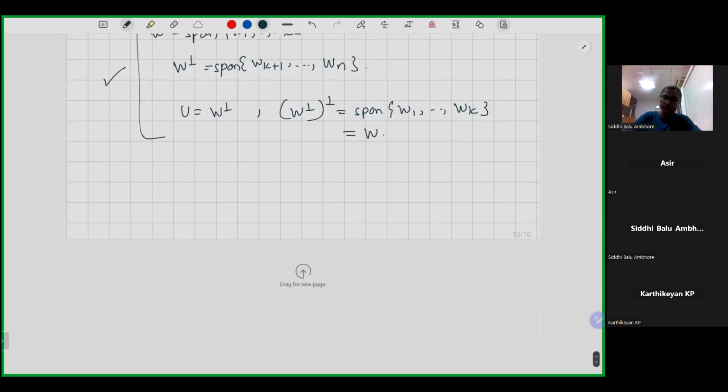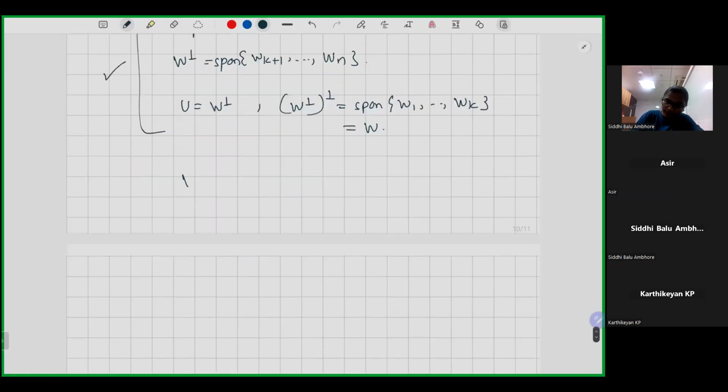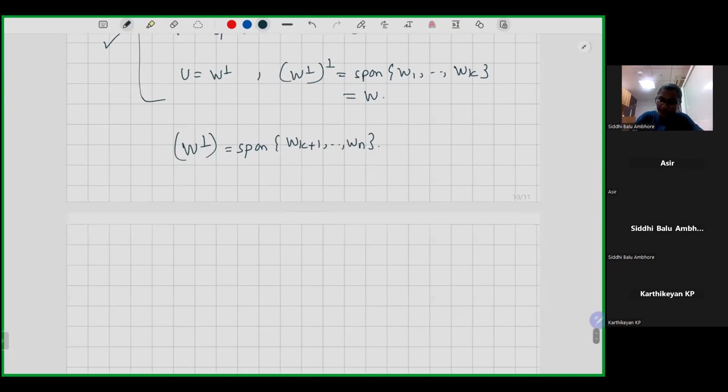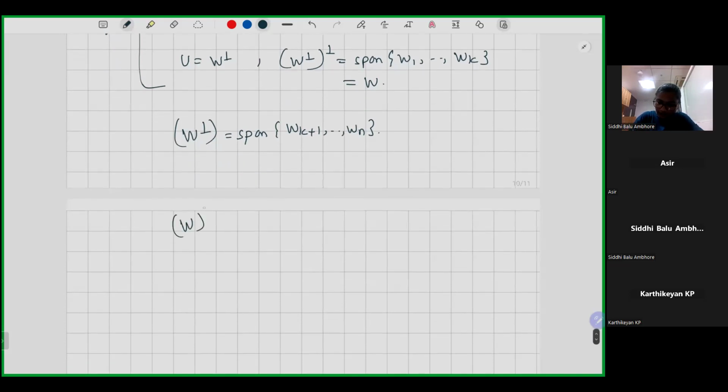Let me ask you this. Suppose W perp is the span of WK plus 1 to Wn. W perp is some space, and we don't know the basis of W. We just know the basis of W perp.